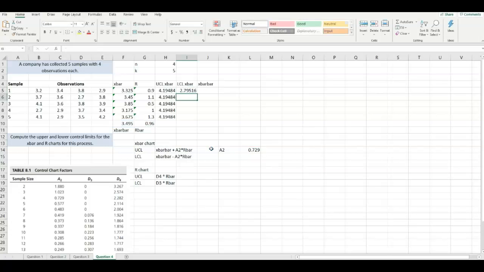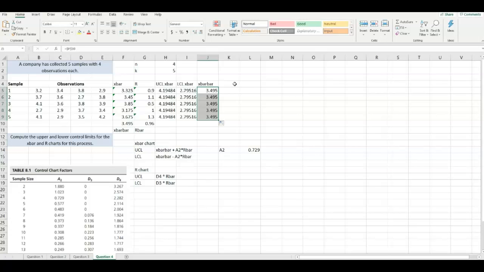And we get a lower control limit of 2.79. So we pull that down as well. And then we want the X bar bar in here also. So we'll just select this cell, freeze it, and then we have all of these for the X bar chart that we're going to create.